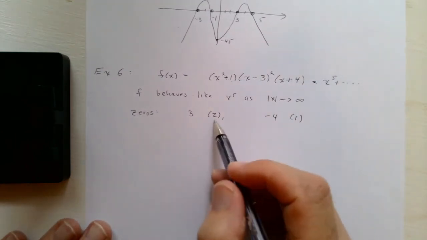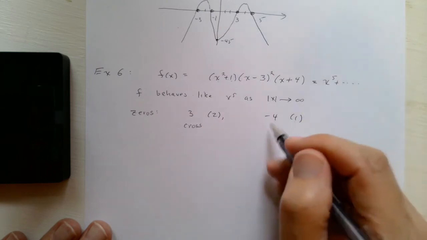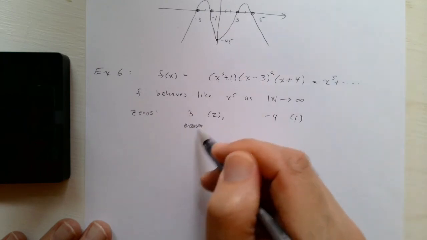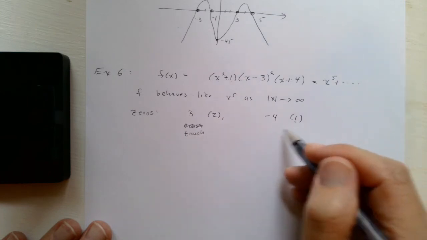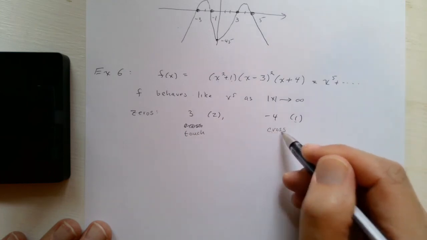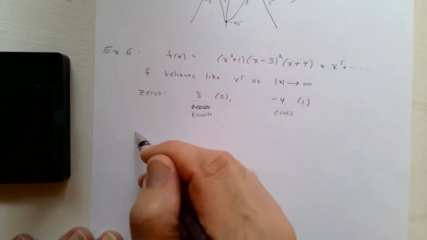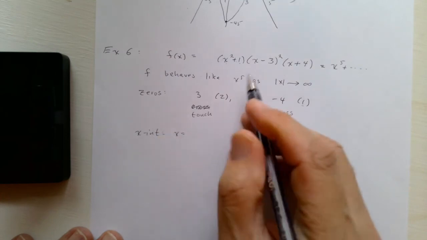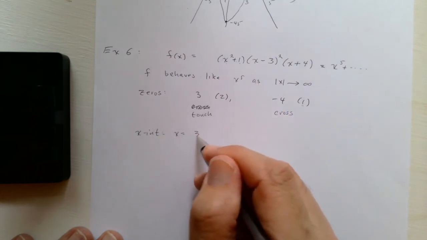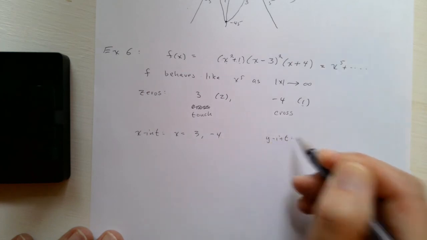Okay, so this is even, so we touch. And this is odd, so we cross. The x-intercepts will be at 3 and negative 4. What's the y-intercept?